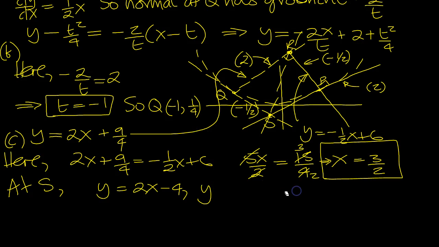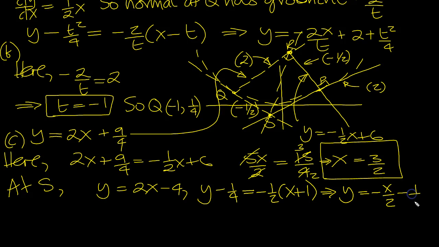So let's just change that again. y minus the y value at Q, which is a quarter, is equal to the gradient minus a half, times x minus the x value at Q, which is minus 1, makes that a plus 1. So that tells us then y is equal to minus x over 2, plus a quarter minus a half, which is minus 1/4.